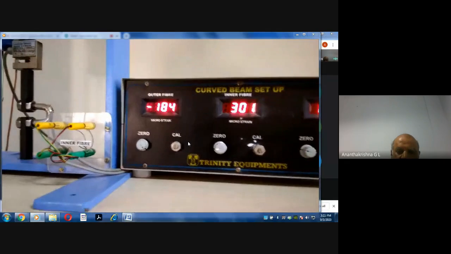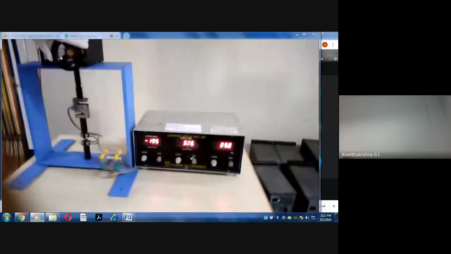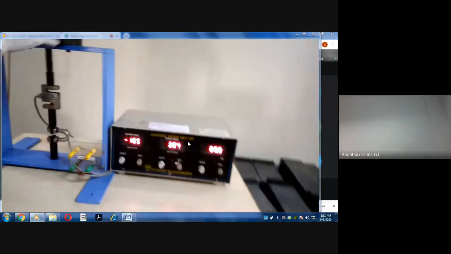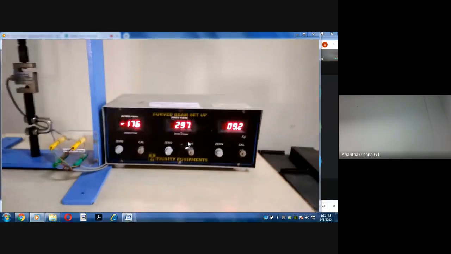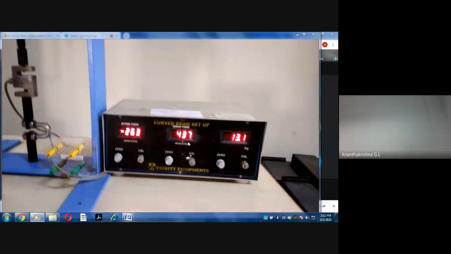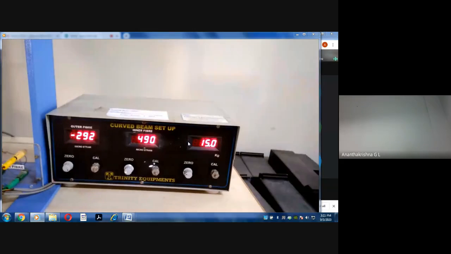Note down the microstrain reading. Like this, take the reading for 15 kgs and note down the microstrain readings, then calculate stresses at inner and outer fiber for various loads and compare them with your analytical solution.